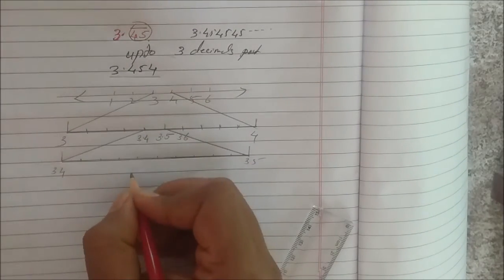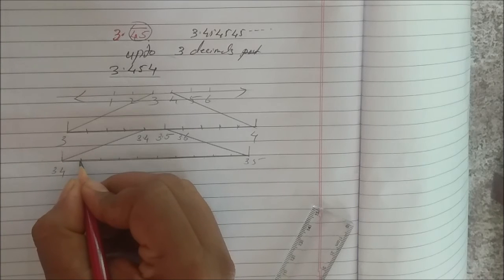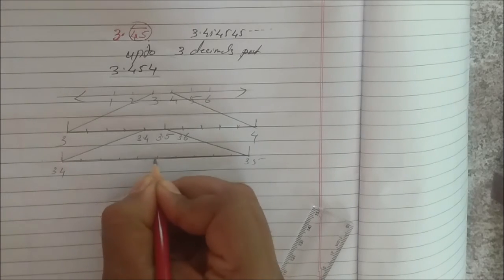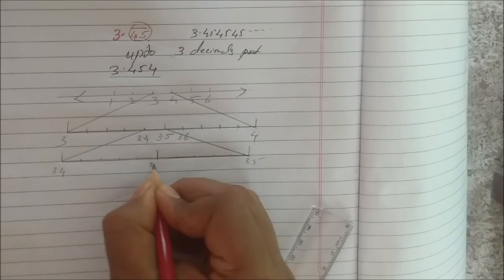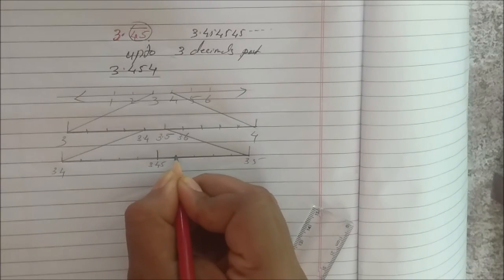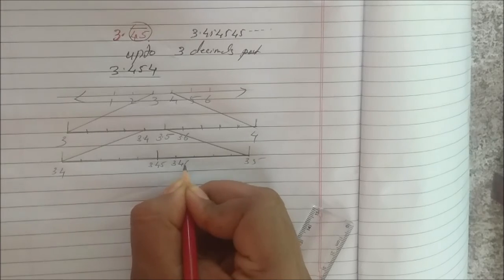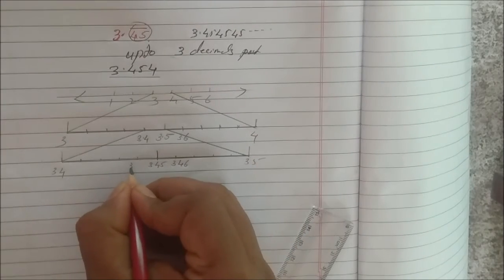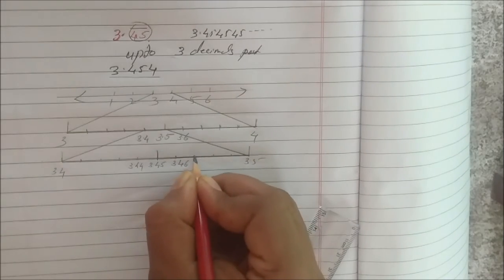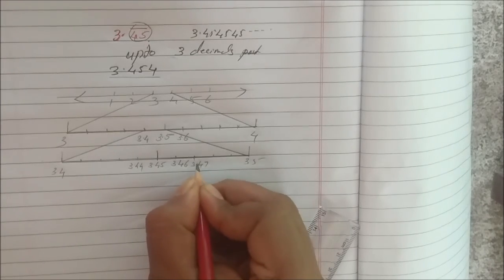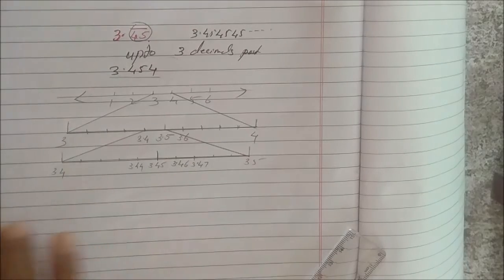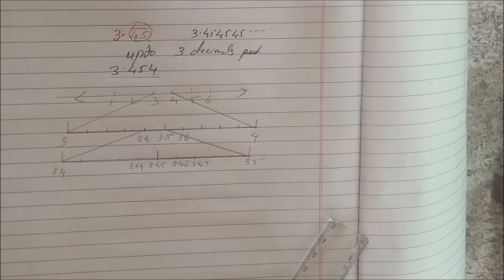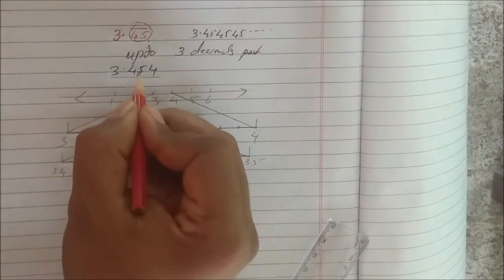So this is 3.4, 3.41, 42, 43, 44, 45, and this is 3.45, 3.46, 3.44, 3.47, and it goes on like that. You have to mark that. I am leaving those blanks for you to fill in. Okay, now we mark up to this point.